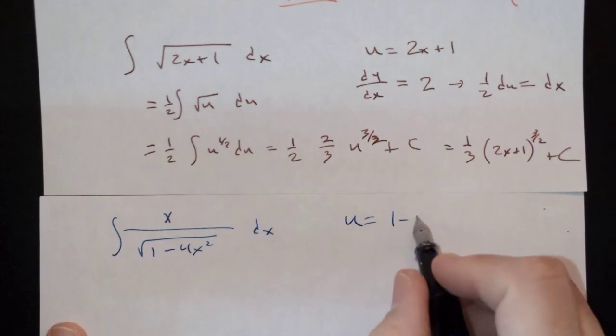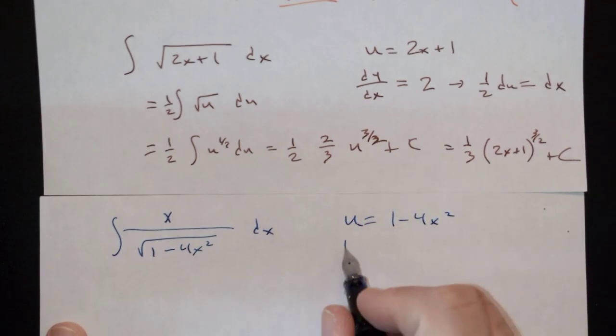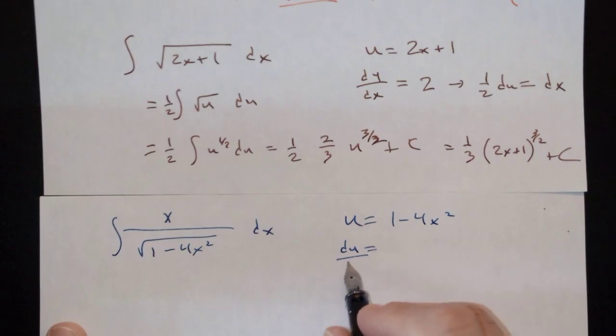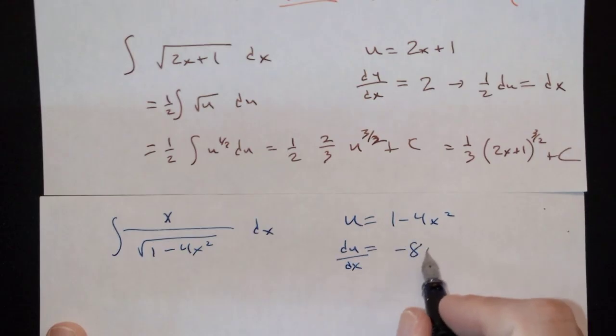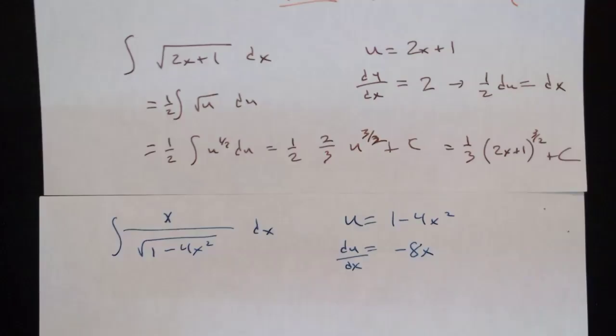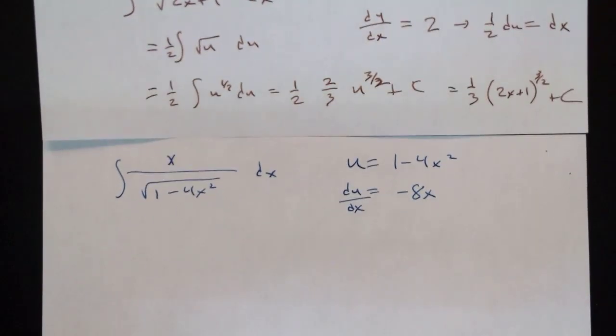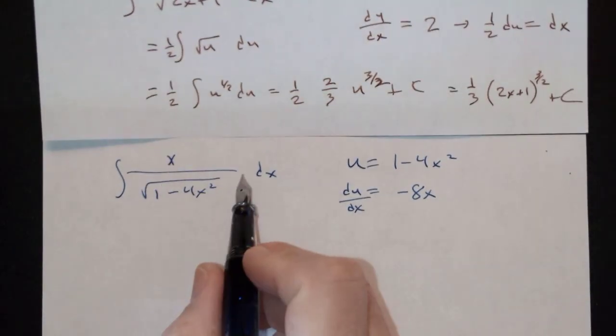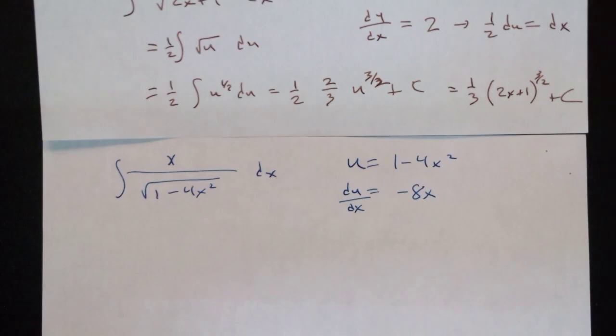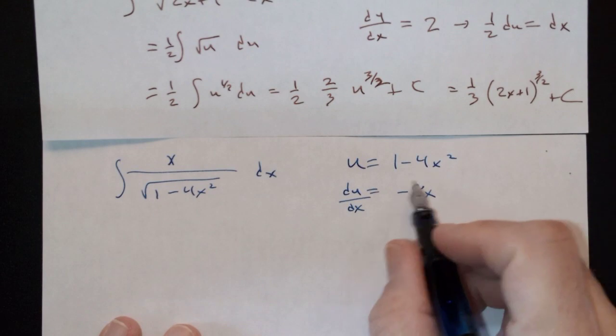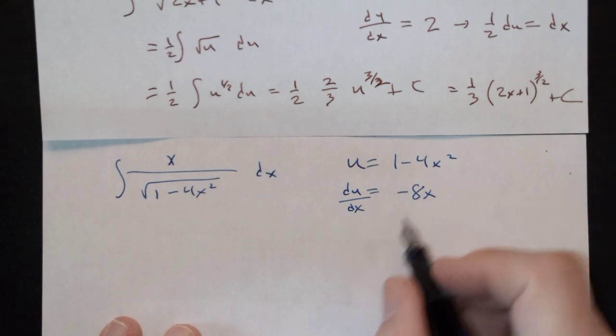Because I have the x, which is sitting on top at the moment. It can go with the dx if I move it over and just write 1 on top. Not moving stuff in and out of the integral sign, that's fine. I'm just missing this -8.